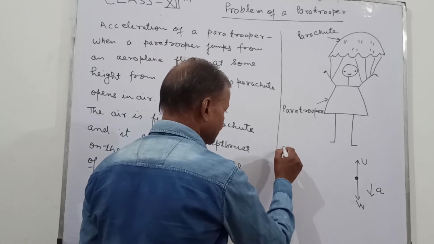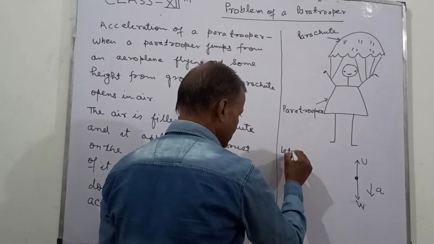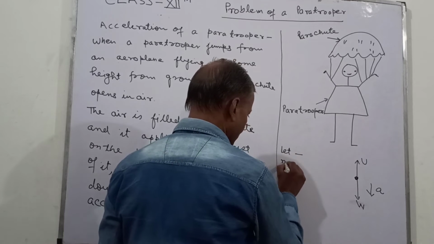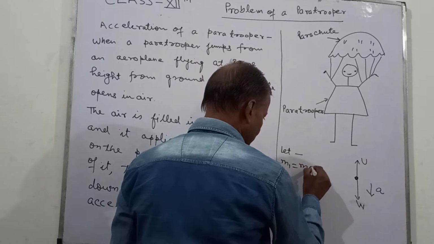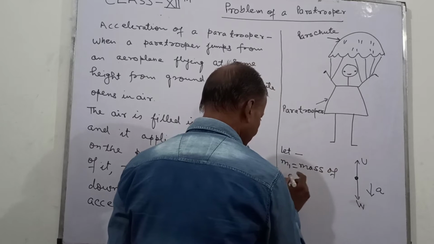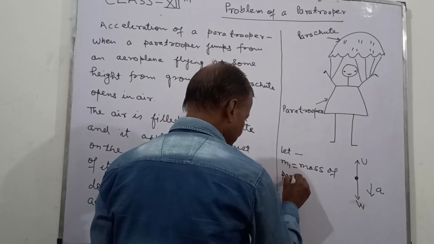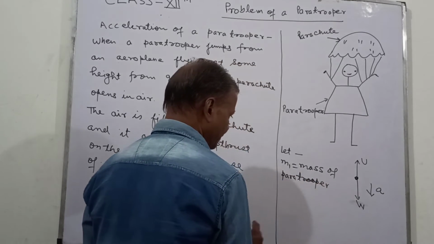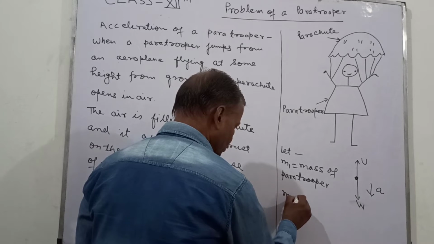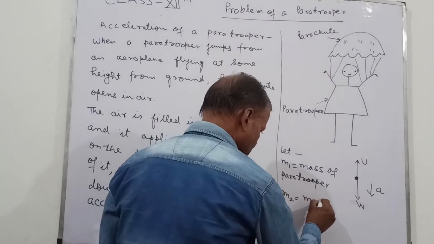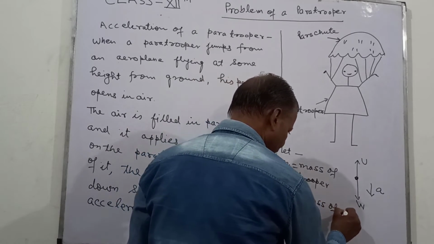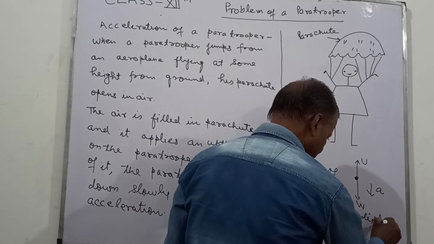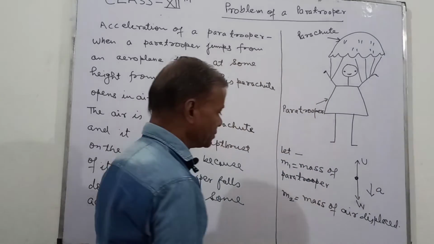So let m1 equal the mass of the paratrooper, and m2 the mass of air displaced.